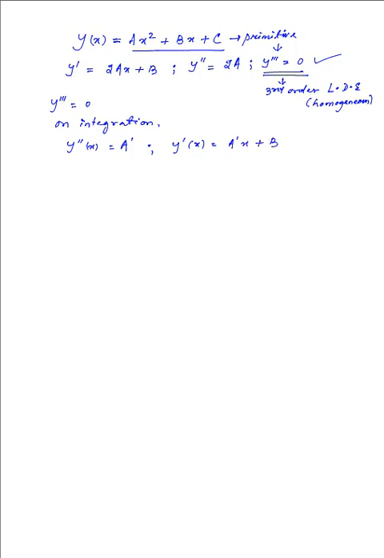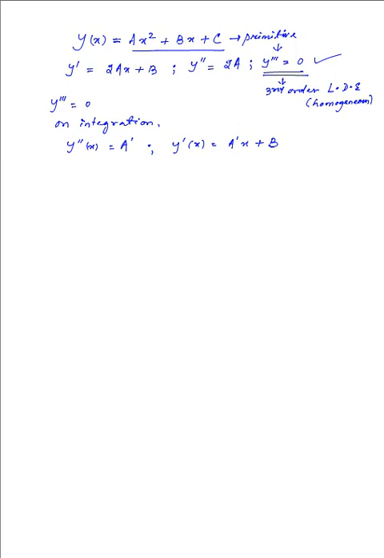I'm not going completely in steps, I'm just writing it down as we are quite sure about the integration and the derivative part. So a prime x plus b. In case of any confusion related to integration or derivative, you can check the videos that I have made on them, especially in the motion in a straight line part.